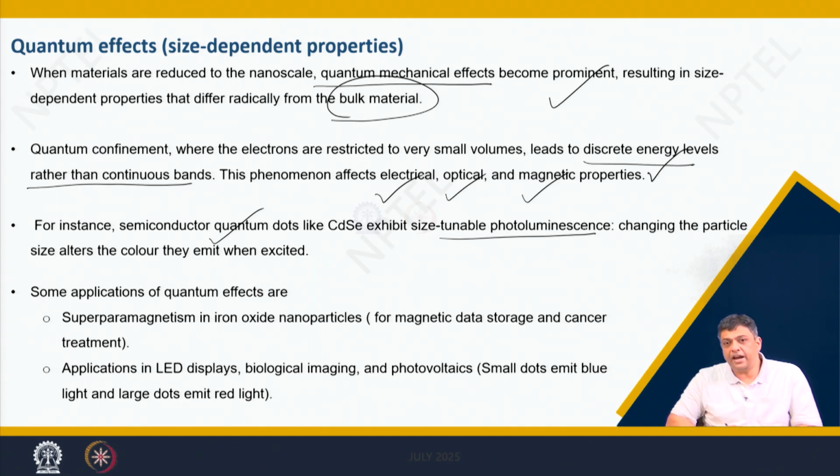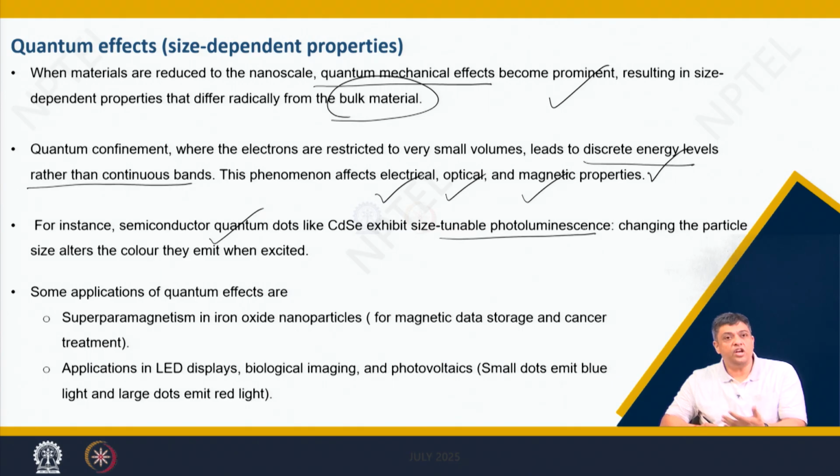Can you get an idea? Yes, similar things were being talked about when we were talking about the nanoparticles of silver. You go from 40 nanometers to 80 nanometers to 100 nanometers, you can go from one color to the other, and then that can be coated on a piece of glass and you can see different colored glasses. But now we are understanding the reasons why these things are happening.